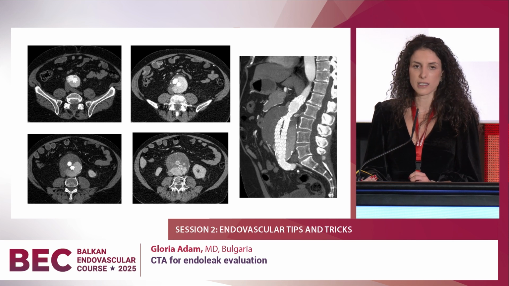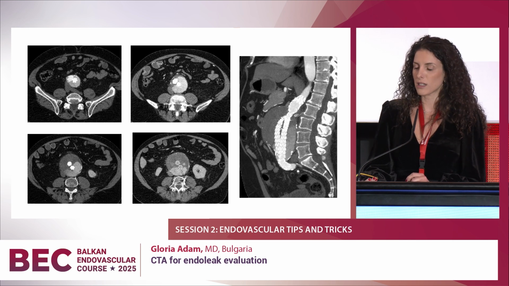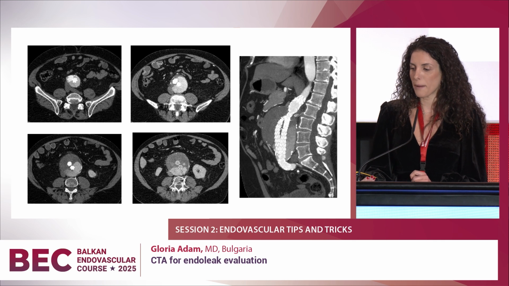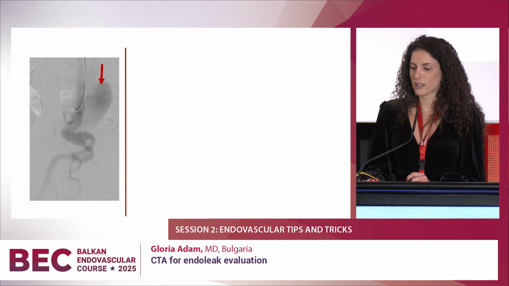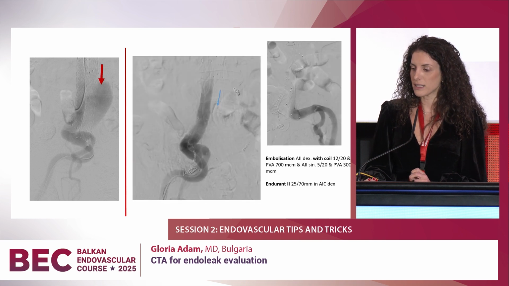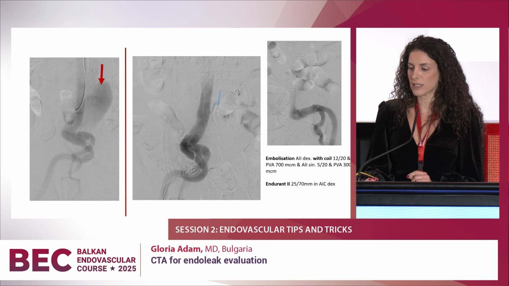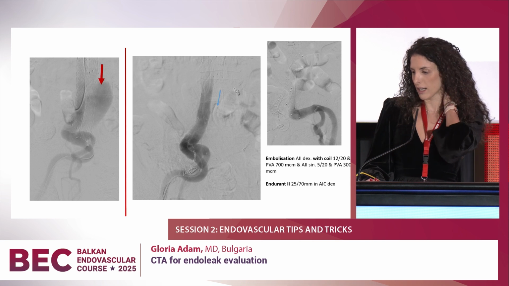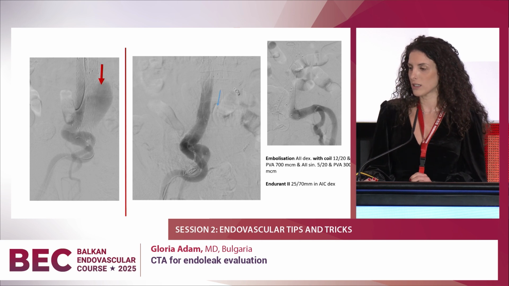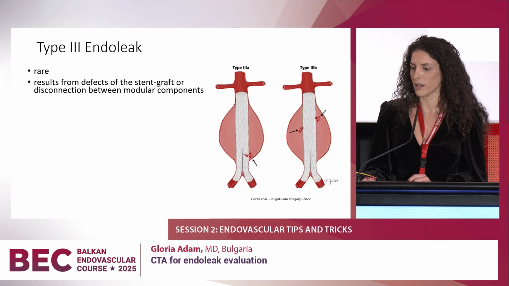So this leak is not coming from these 2 arteries, but is coming actually from the iliac artery, which is type 1 endoleak. You can see here the endoleak, and after placement of an Endurant stent in the right common iliac artery and coiling of the internal iliac arteries, there is no more endoleak.